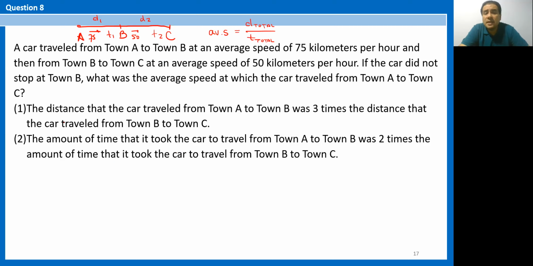The first statement says that the distance the car traveled from town A to town B was 3 times the distance that the car traveled from town B to town C. So here's what's interesting. You have that the time 1 on the first span is actually 3 times the time 2 in the second span. So we do this, right?